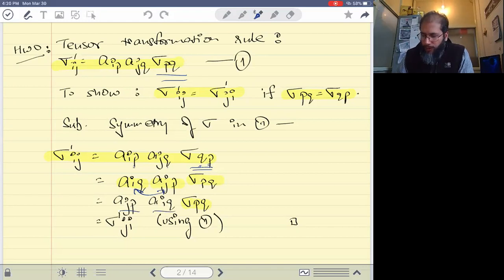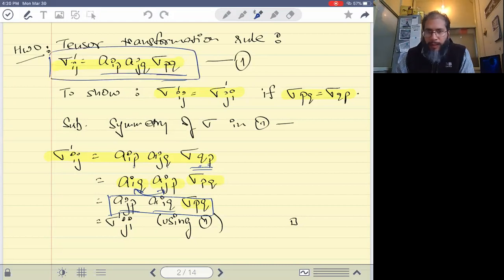Now if you see this form, I can apply the tensor transformation law again here, except that on the right hand side, I and J are reversed. So instead of having AIP AJQ, we have AJP AIQ. That simply is nothing but sigma prime Ji. So that completes the proof that sigma prime Ij is equal to sigma prime Ji.